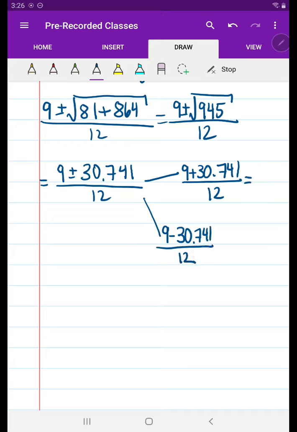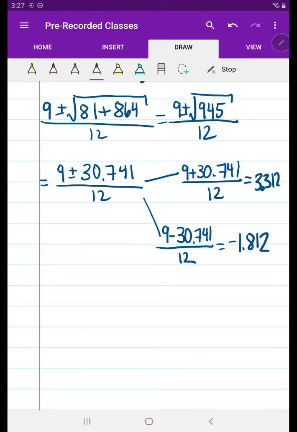Okay, so if we run those in our calculator, 9 plus 30.741, and then divide that by 12, we'll get 3.312. And then 9 minus 30.741, divide that by 12, and we get negative 1.812.